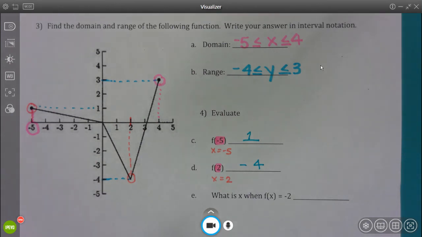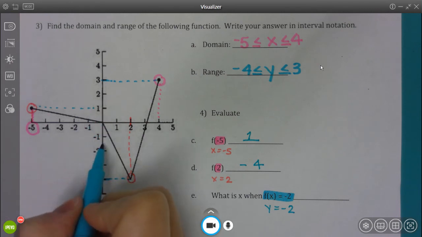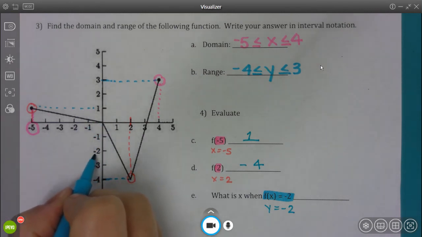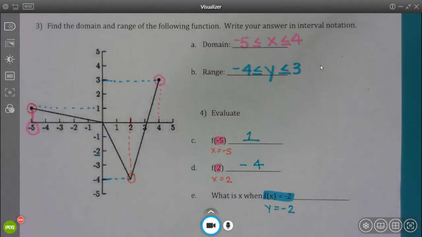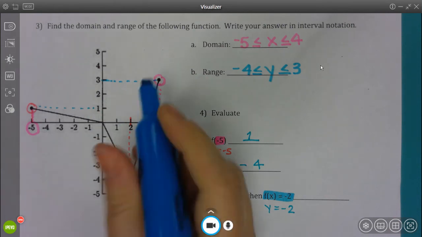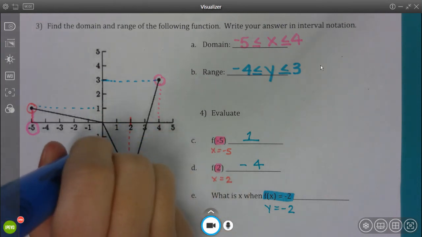And then for part E, I'm doing everything I just did backwards because I've been given an output value. So this is like saying y equals -2. So I'm going to go down to -2. Here's where my y value is -2. So I'm going to draw a horizontal line.